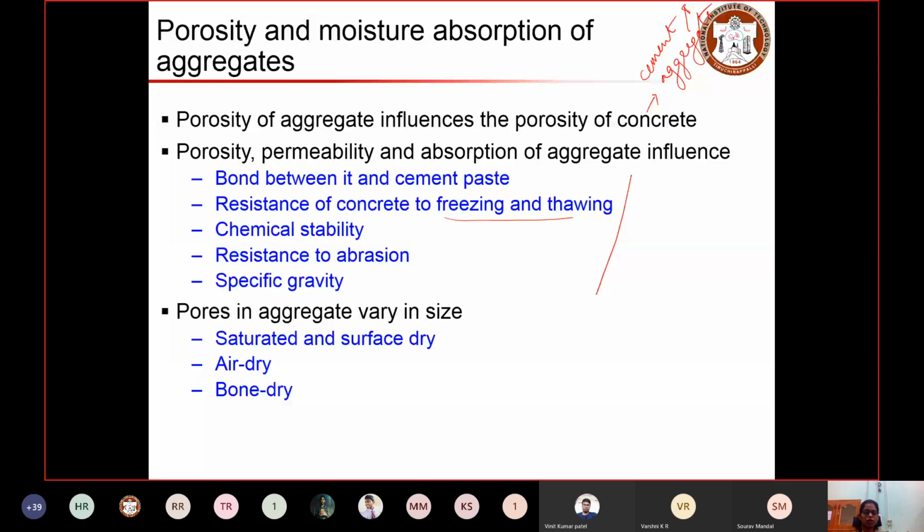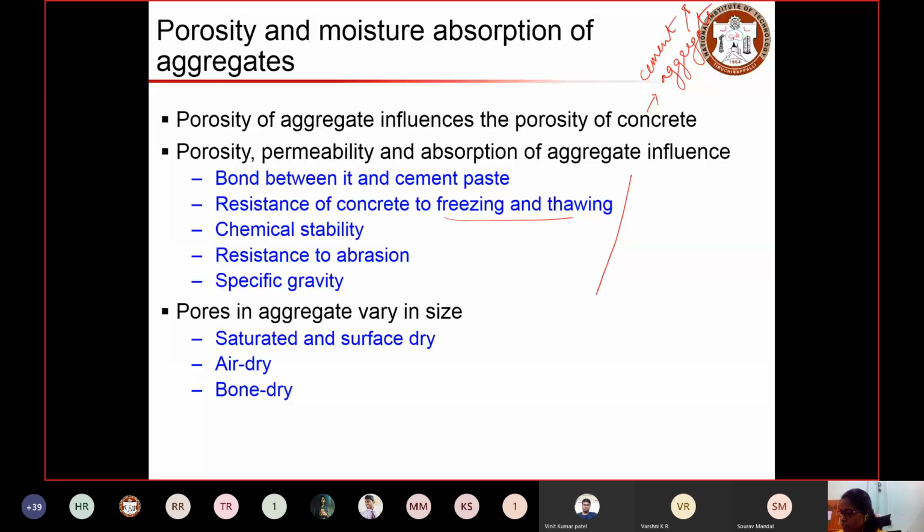We call the condition saturated and surface dry because the surface will be dry but the pores inside the aggregates will be filled by water. That is what is indicated here in this third image. You can see all these pores are filled by water.